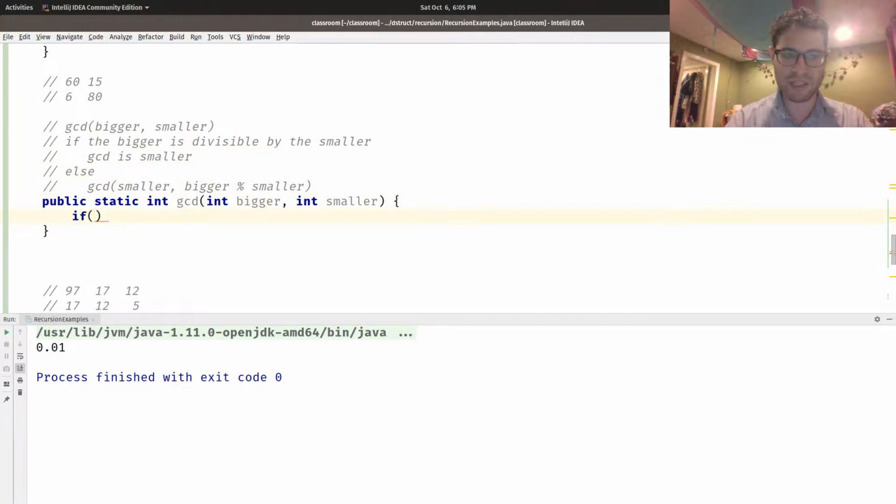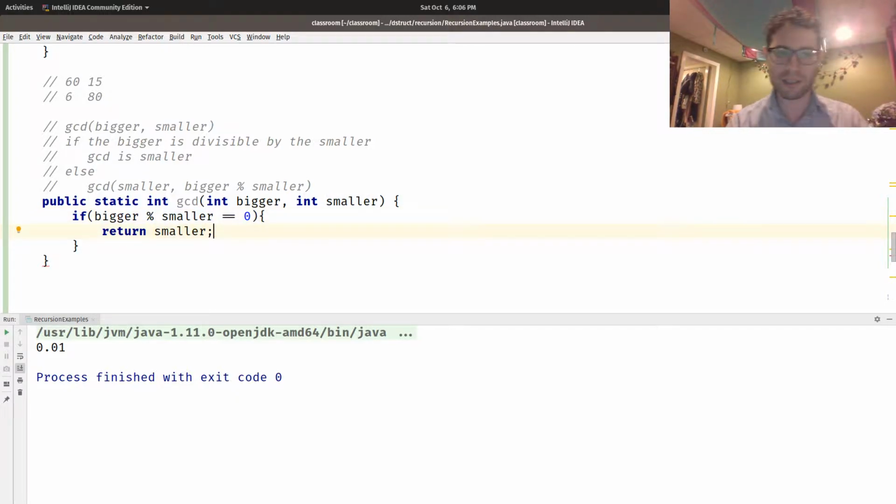We can pretty much see it if we know our numbers. So if bigger mod smaller is equal to 0, return smaller, right? If there's no remainder after we divide bigger by smaller, that means smaller cleanly divides bigger. So voila.